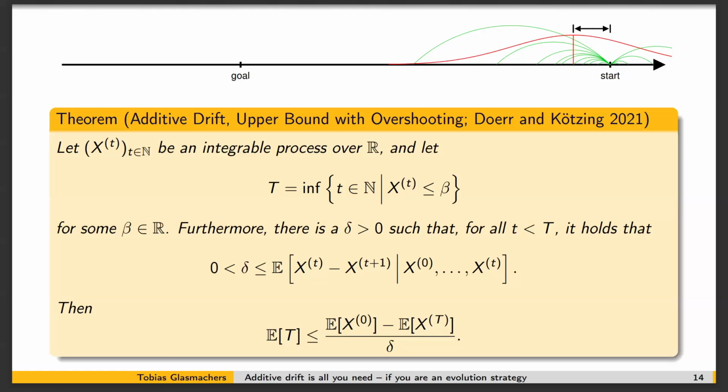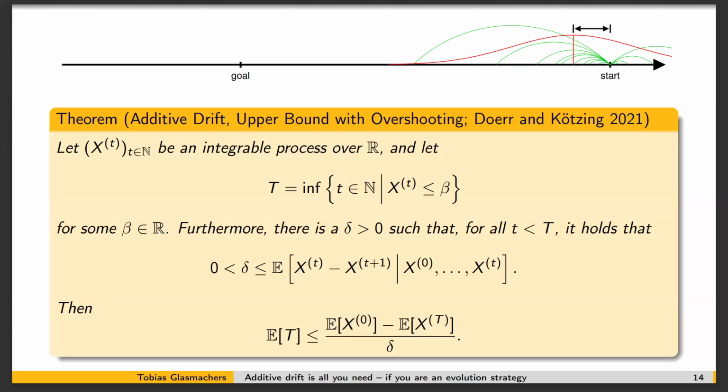What we have available to drive this stochastic process is delta. We have a positive delta such that the single-step progress is at least delta in expectation, but there's no real control over the distribution. There is some distribution of steps; think of these green arcs as samples from that distribution.